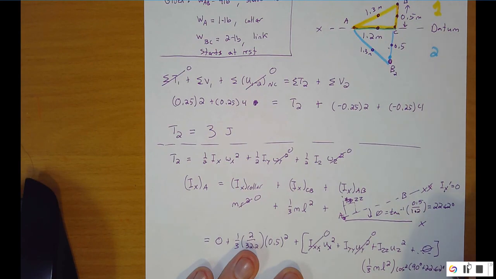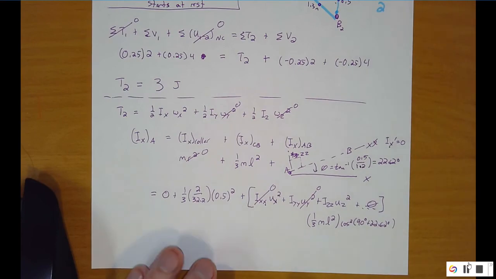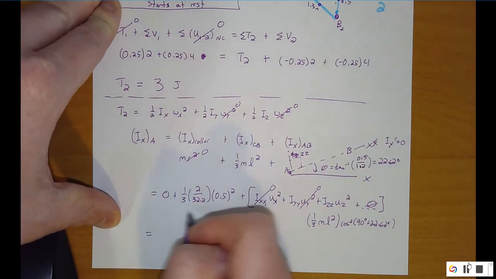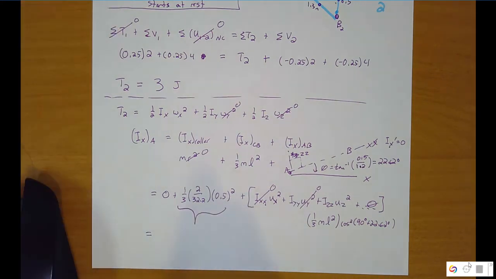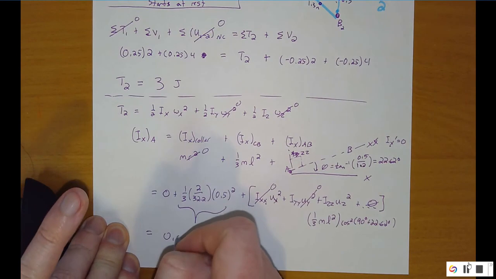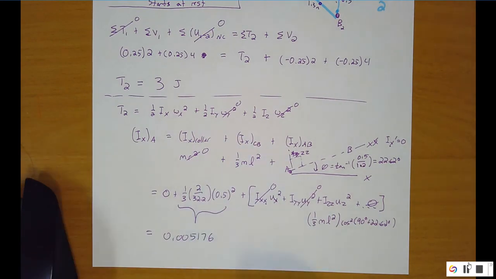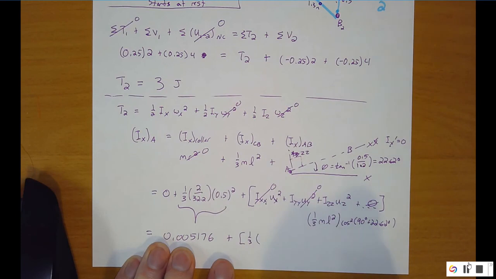Let me get that over here out of the way of that thing. Alright. So this number is 0.005176, keeping 4 sig figs on that. This thing becomes, so 1/3, the mass of that rod is 4 pounds.